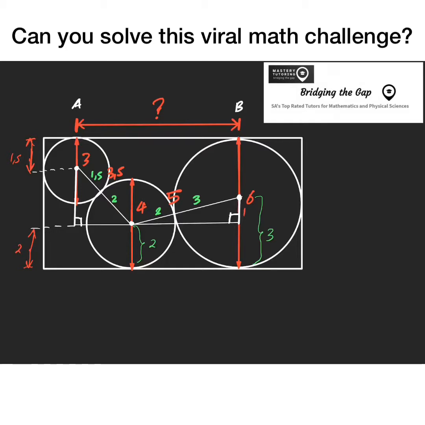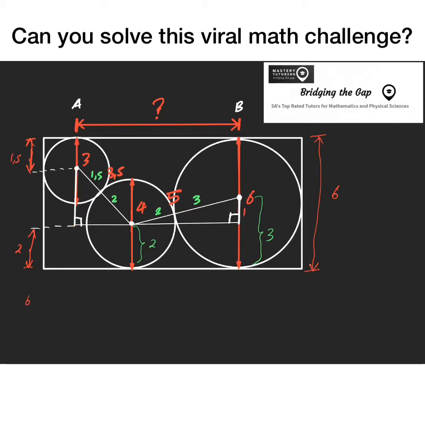Now we already know that the total distance from the top to the bottom is given to us as 6. So we put it here. Now if you subtract 1.5 and 2 from the 6, it will give you the distance between these two points here, which will ultimately give you the distance from there to here.